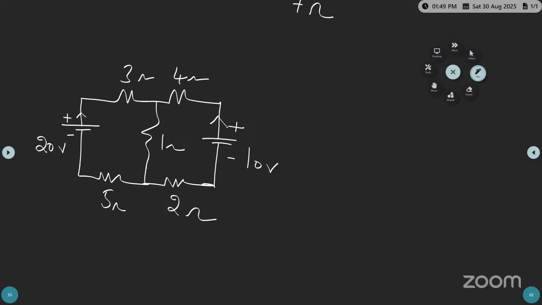The circuit may be big or complex, with any number of voltage sources, current sources, and linear elements like resistor, inductor, capacitor. As far as your syllabus is concerned, all the circuits consist of only resistors, no need to worry, but voltage sources may be 2, 3, 4, any number.